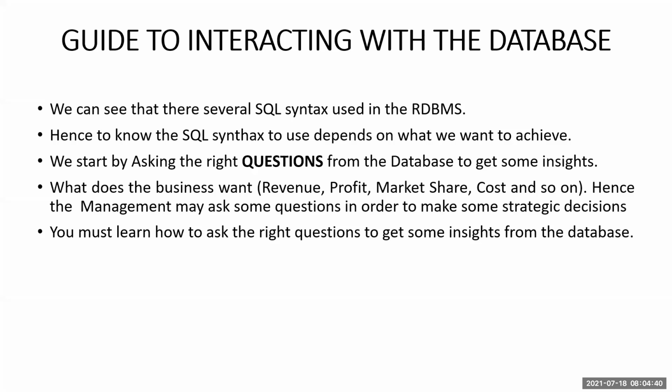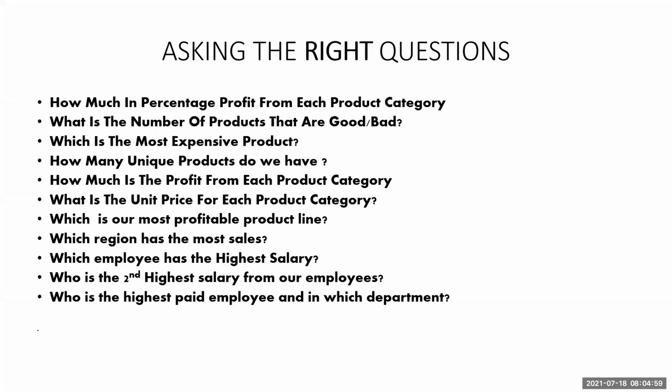The business wants either to maximize revenue, maximize profits, increase market share, reduce costs, isn't it? Yes. So there are certain questions that management want to make strategic decisions about. But the most important thing is learning how to ask the right questions. And once you ask the right questions, such as how much in percentage profit from each product? What is the number of products, maybe good or bad or defective? Which is our most expensive product?